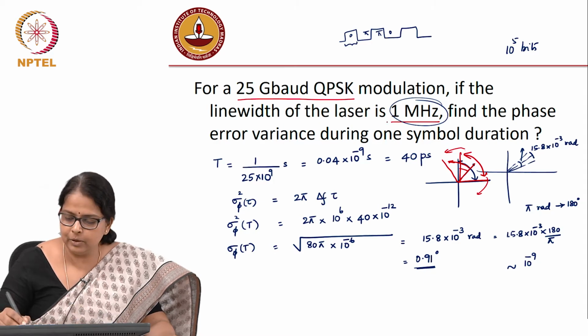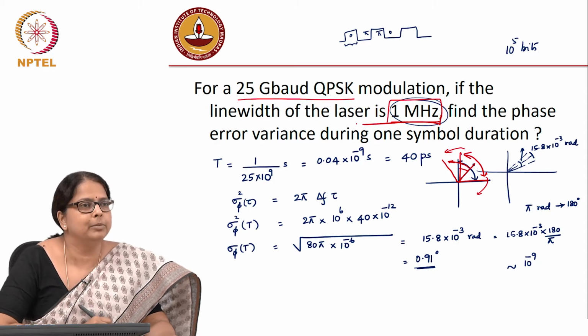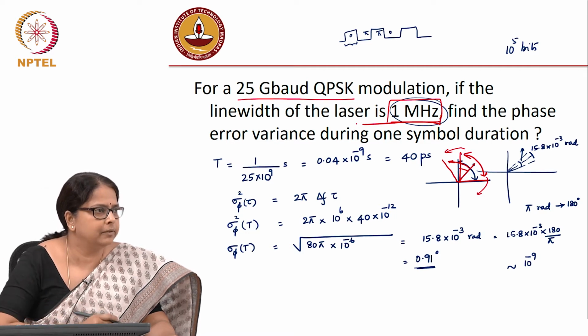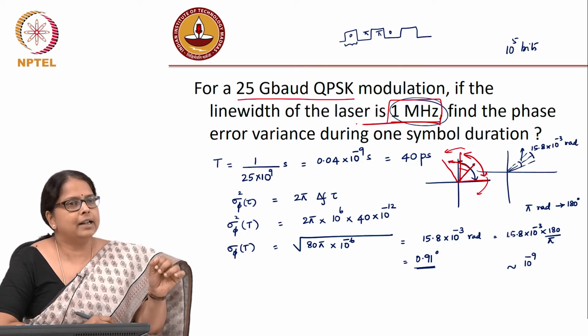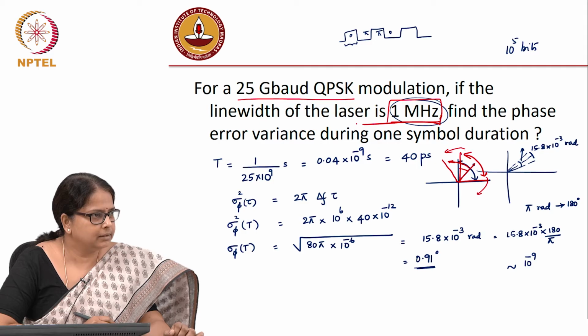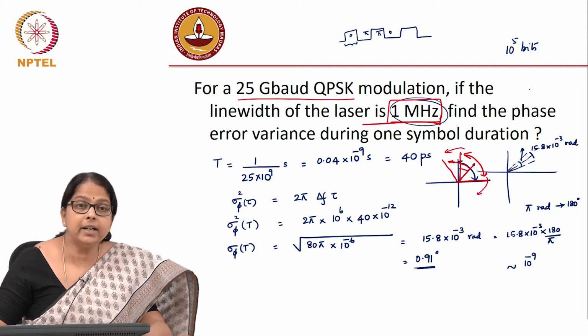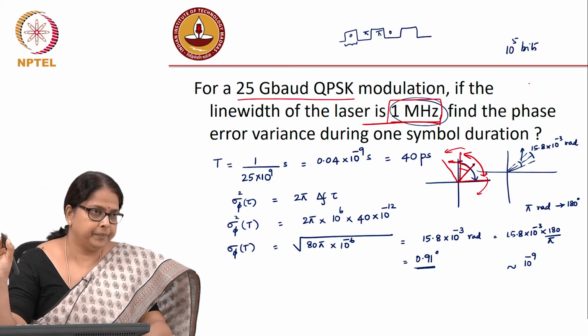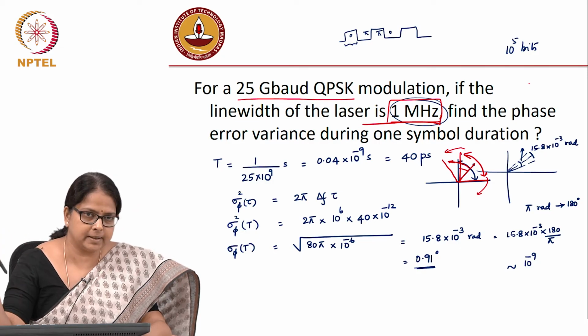First of all, I cannot be using 1 megahertz lasers for coherent communication. Okay, there are a couple of nice concepts coming out of it. I should be using a laser which is of very narrow line width. So, what is used in coherent communication? Remember, for on-off keyed modulation this is not a problem because you are not detecting phase.